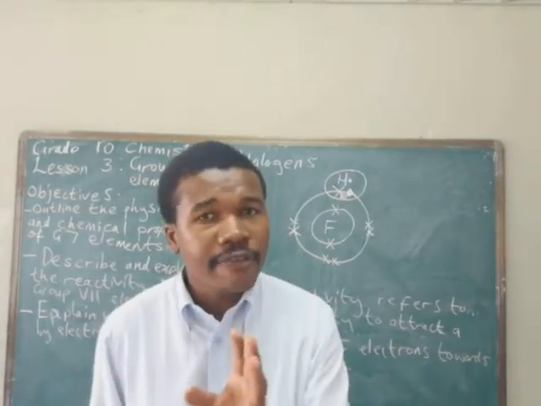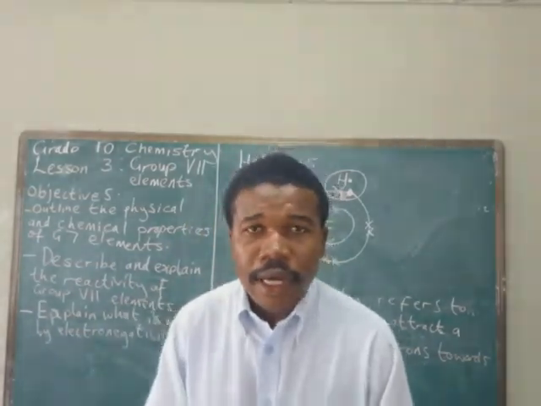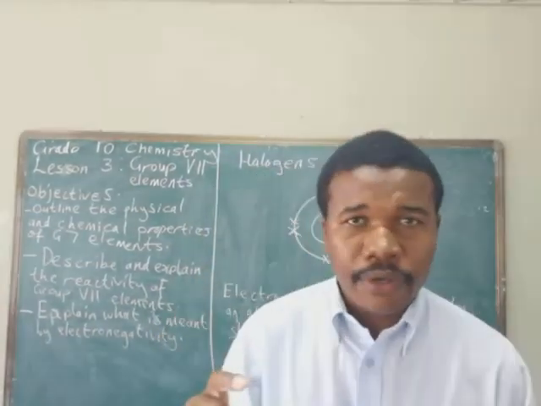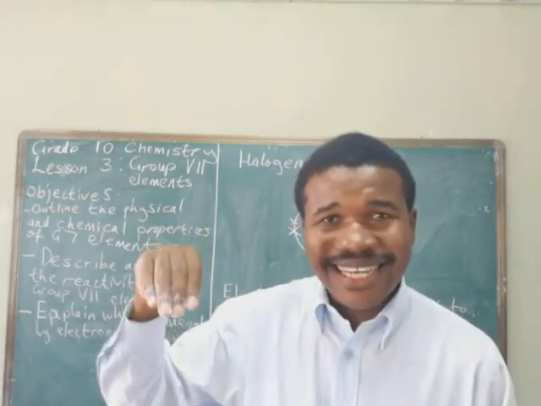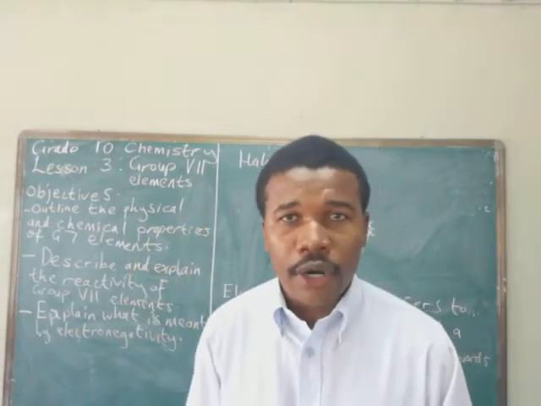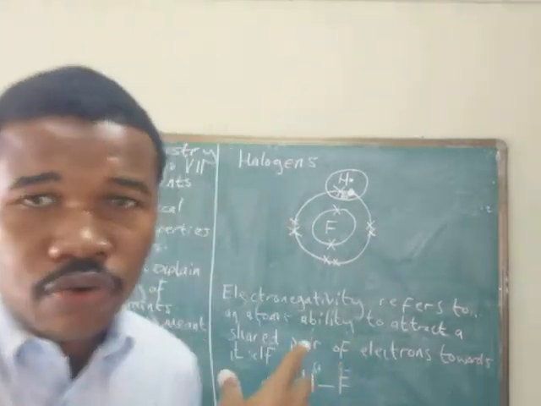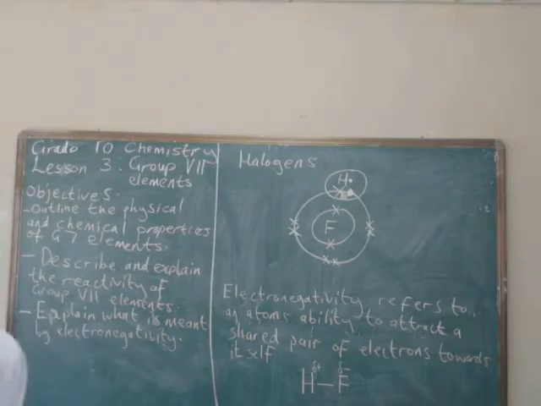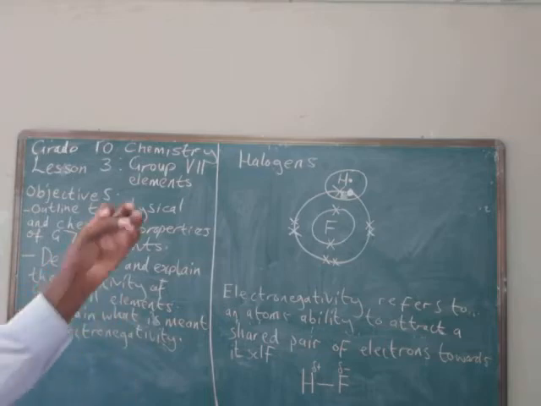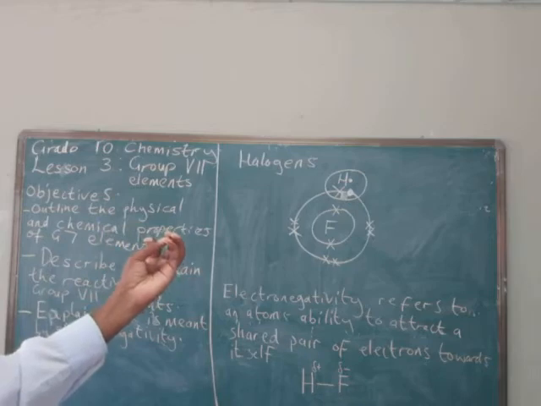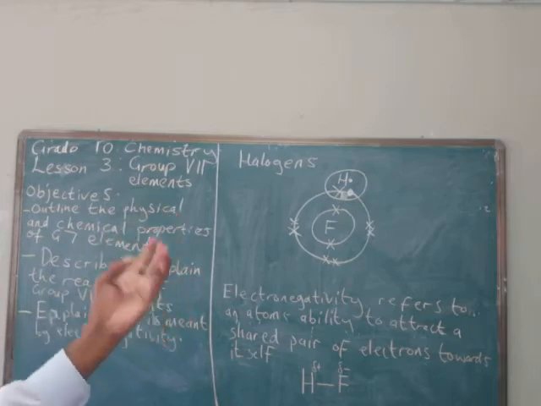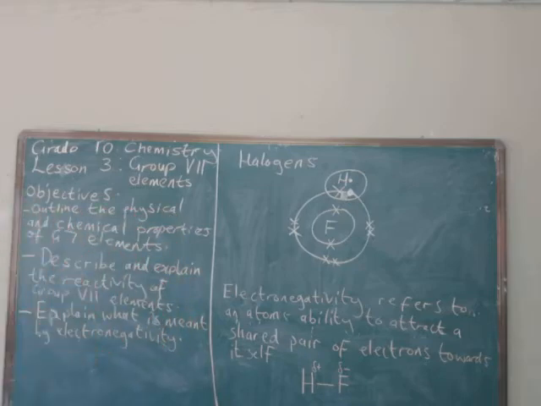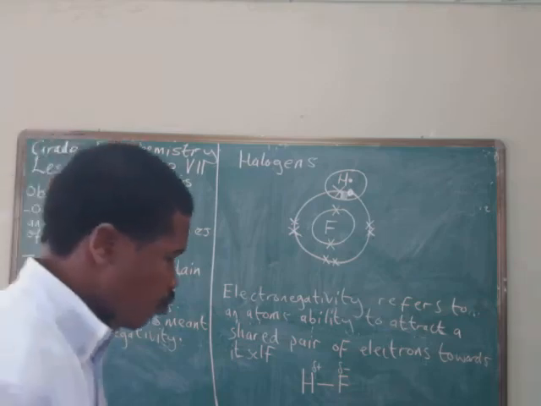In group 7, the most electronegative atom is fluorine, and the electronegativity decreases as you go down the group. It's just a simple diagram showing you hydrogen fluoride, between hydrogen and fluorine, and the pair of electrons would be drawn closer to fluorine because it is more electronegative.